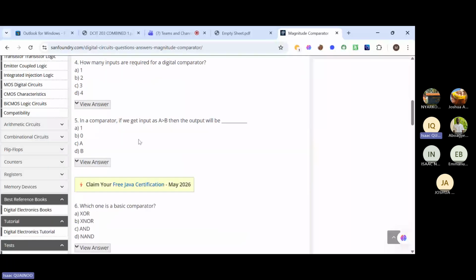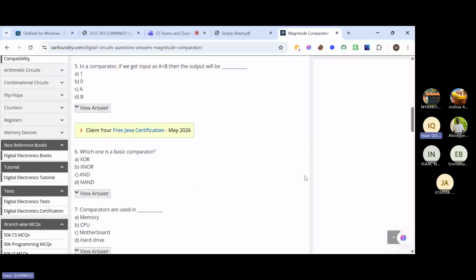In a comparator, if we get inputs as A is greater than B, then the output will be A, 1; B, 0; C, A; and D, B. The output will be 1, A. Exactly. So the output will be 1, because if A is greater than B is true, then we put 1 there to denote that A is greater than B is true.